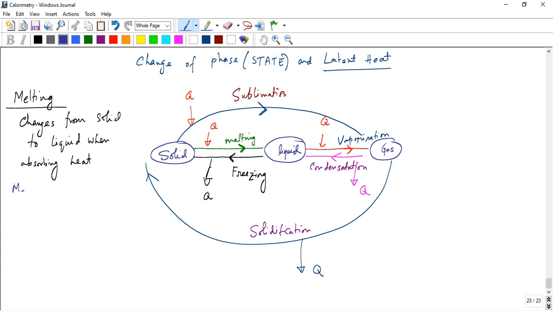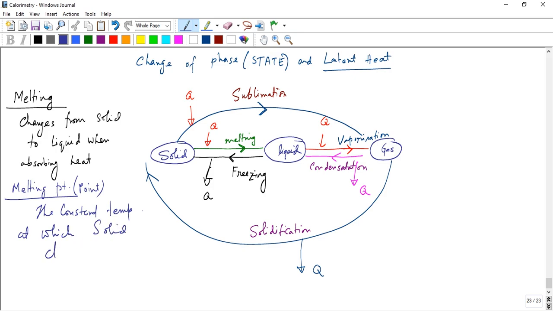What is the melting point? If you know melting, the important thing is the melting point. Melting point is a fixed, constant temperature at which a solid changes to liquid.